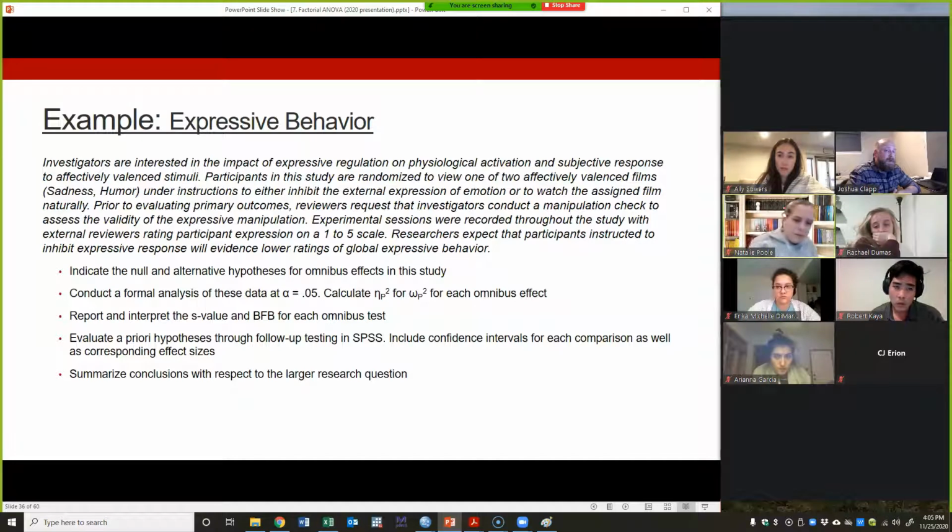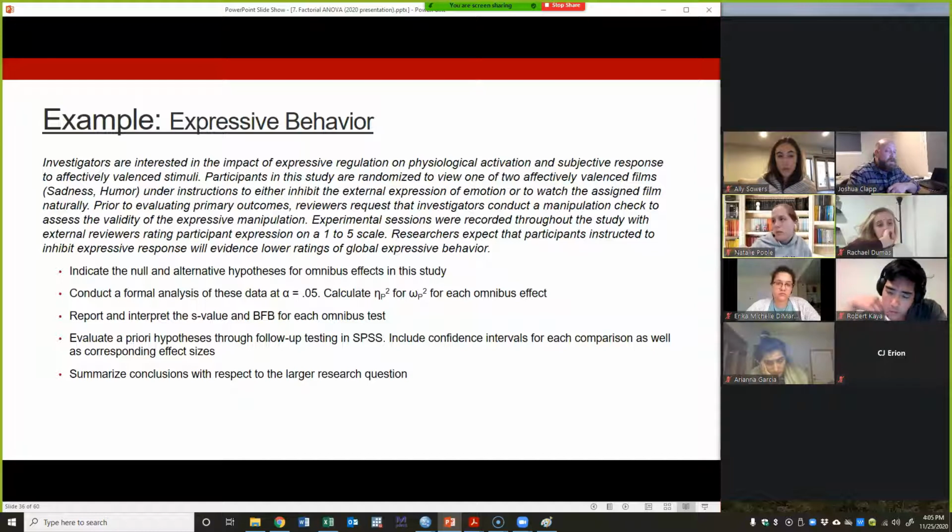So in this example, investigators are interested in the impact of expressive regulation on physiological activation and subjective response to valenced film stimuli, right? Individuals are randomized to view one of two affectively valenced films, right?